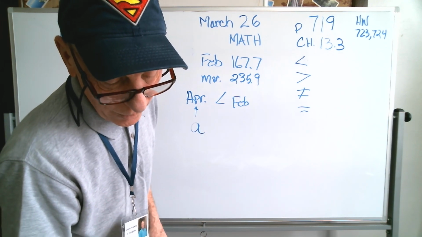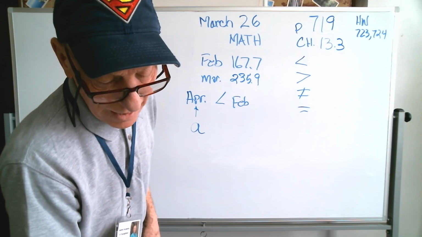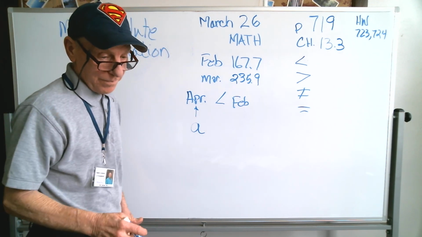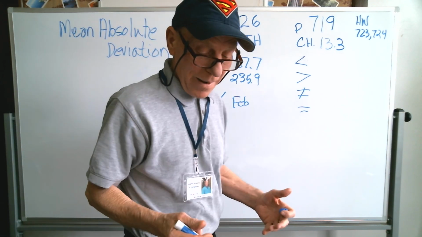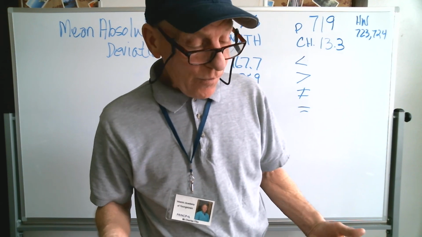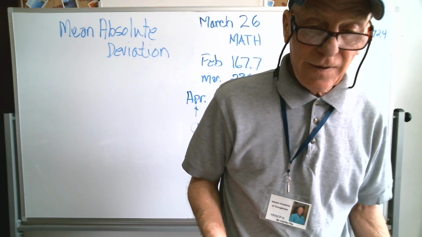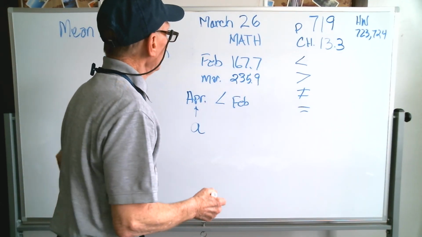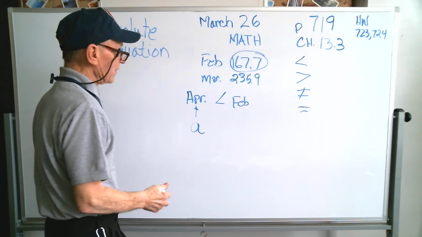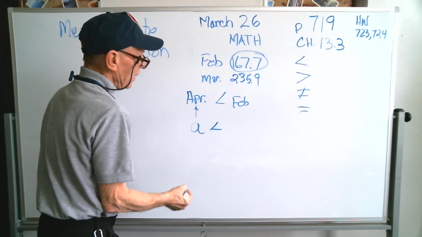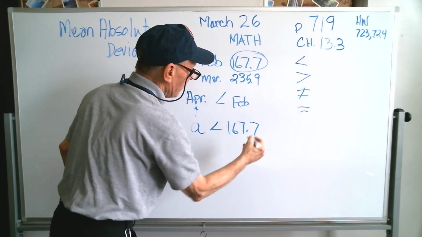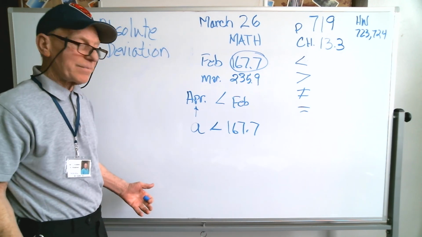And it says write an inequality to describe the possible values of A. Well, we know by virtue of what it says here that it was less than they were in February. And what was the mean deviation in February? 167.7. So A is going to be less than 167.7. Did you follow that?